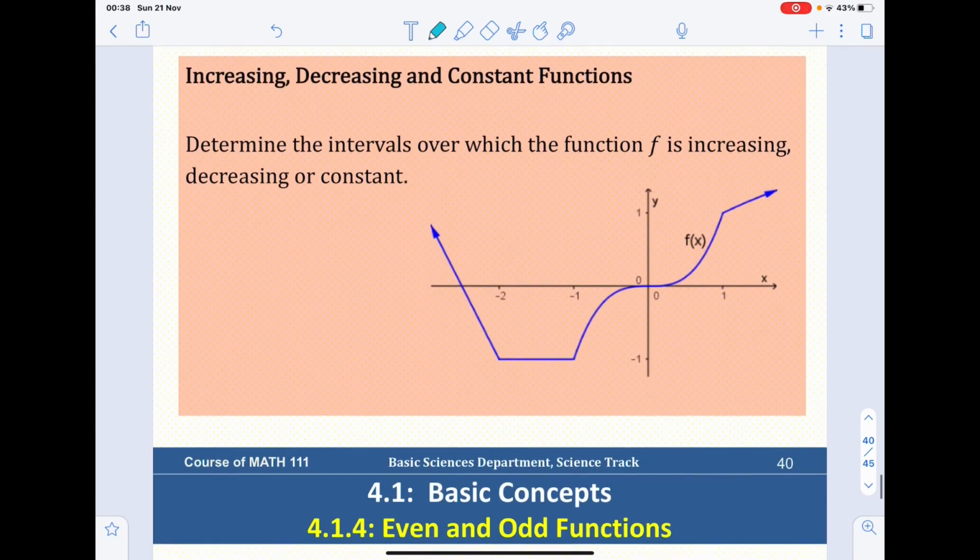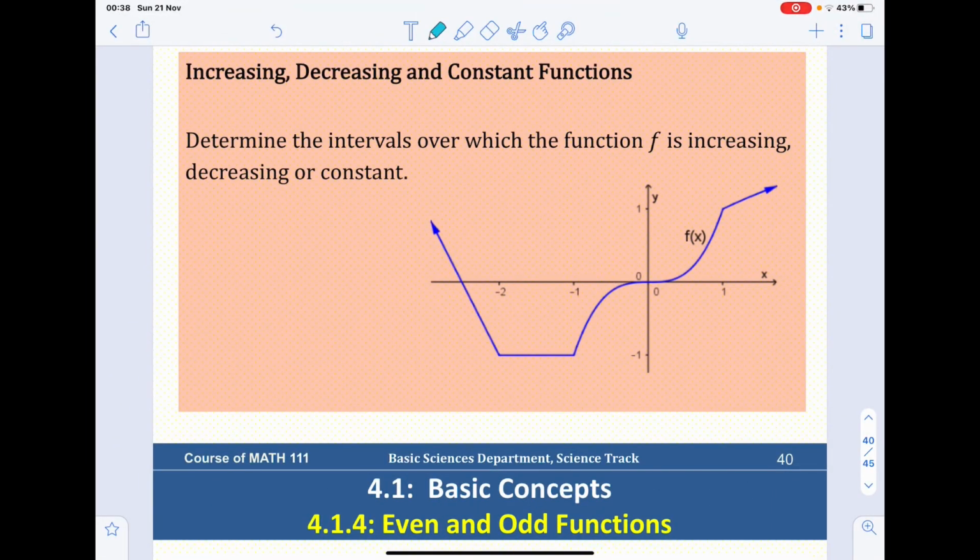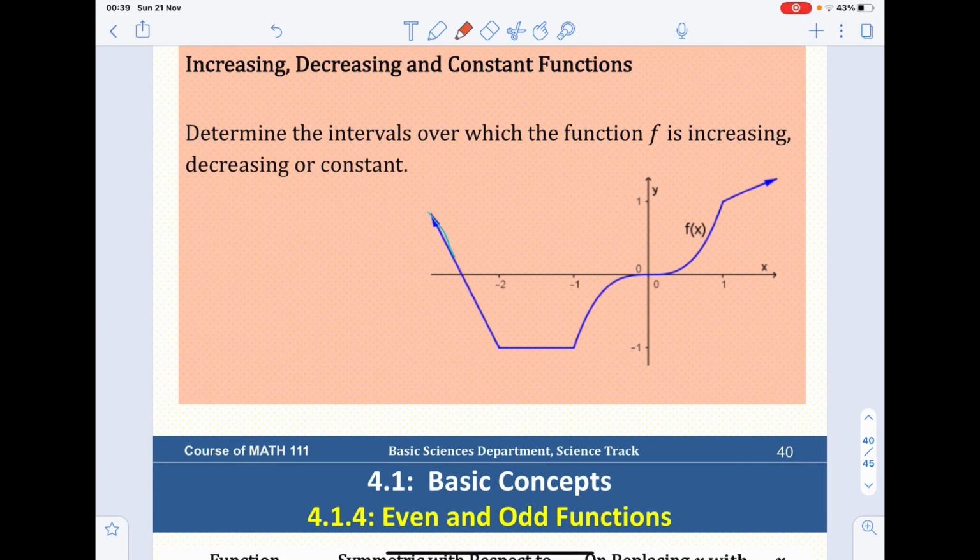Okay, let's check this exercise. Here it's going down, and this is the only part going down, so this is decreasing.